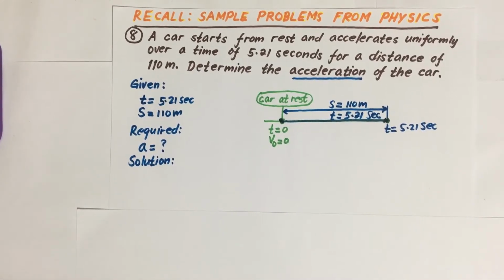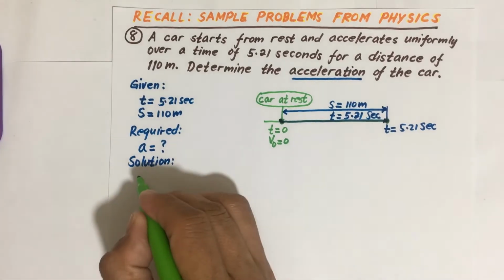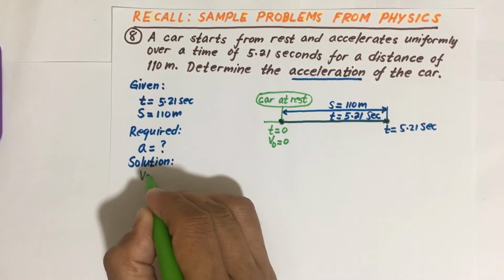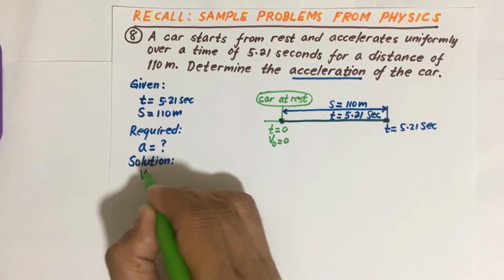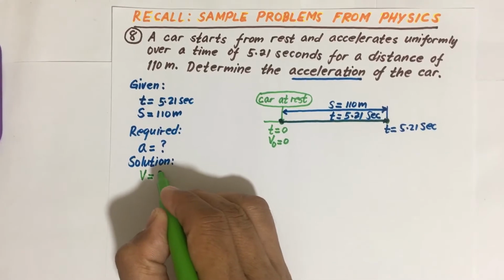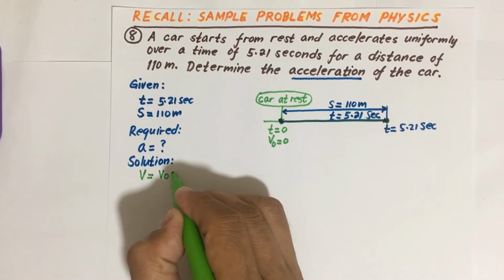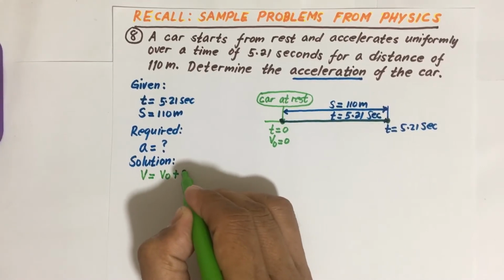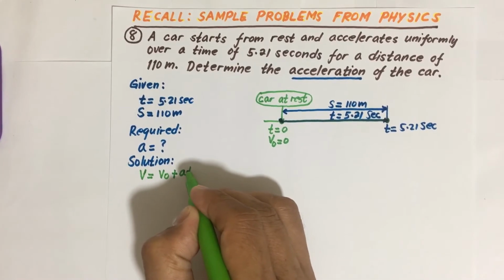Alright, so similar to our previous examples, it's better to write down the formulas that we need to solve this problem. So the formulas, we have velocity at any given instant of time is equal to the initial velocity plus the acceleration times time.